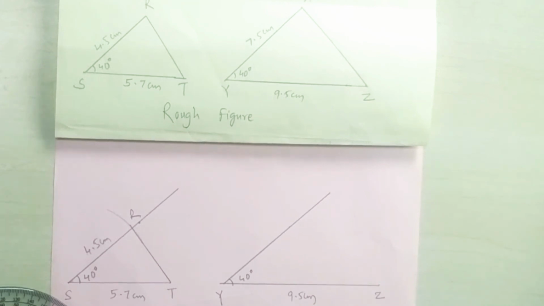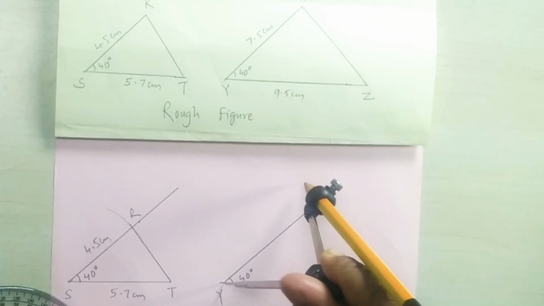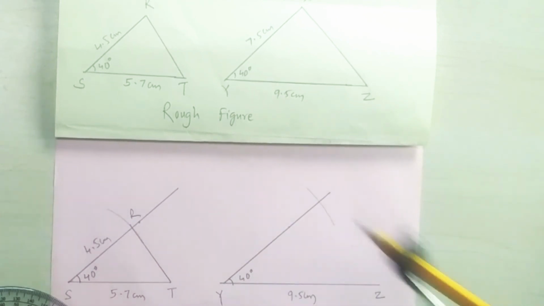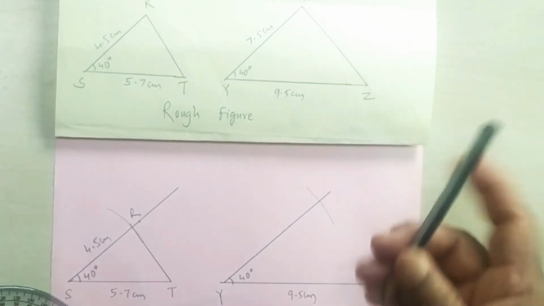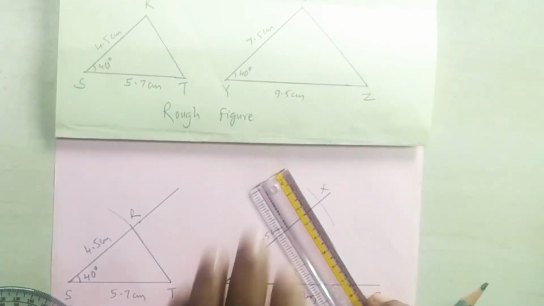So take a distance equal to 7.5 centimeter in the compass, and from Y draw the arc. So this is our point X, 7.5 centimeter, and join.